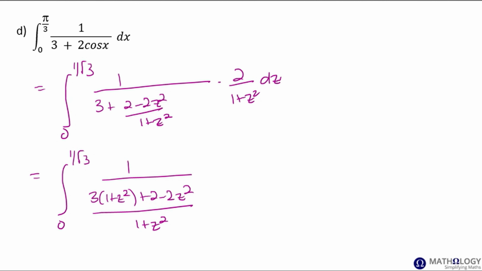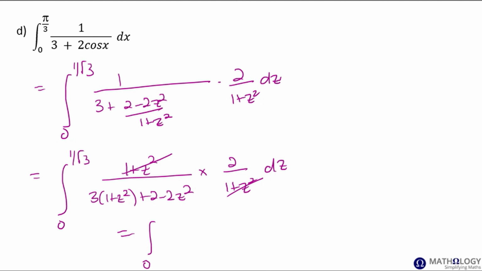We're going to tip this over, so we're just going to write the (1 + z squared) at the top there and remove this denominator, and that's times 2 over (1 + z squared) dz. The (1 + z squared) will cancel, so that equals the integral from 0 to 1 over root 3 of 2 over (3 + 3z squared + 2 - 2z squared) dz.